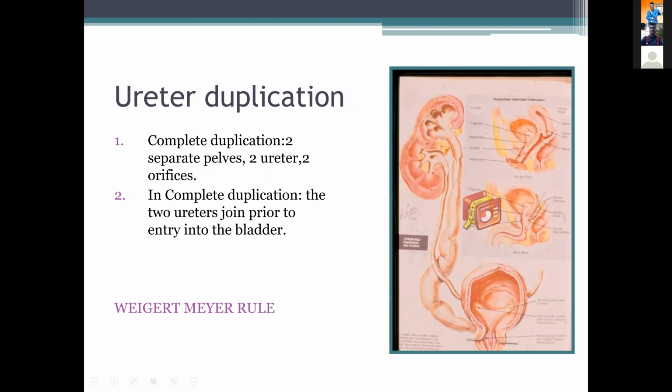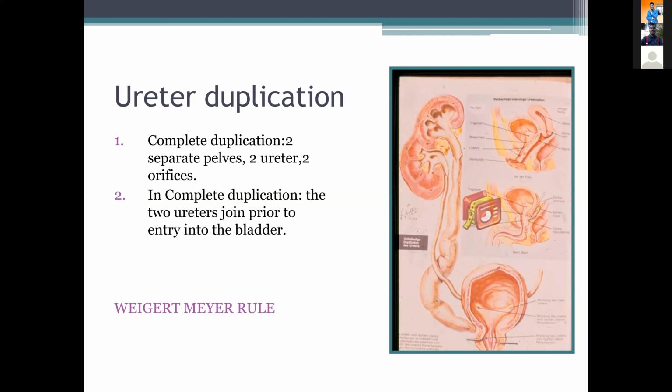This diagram shows you the ureteric duplication. And we can have complete duplication or incomplete duplication. Complete duplication means the upper pole and the lower pole of the kidney each has a ureter that goes and attaches to the bladder independently.